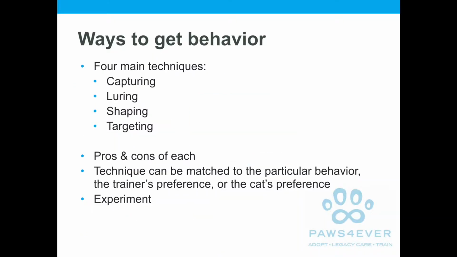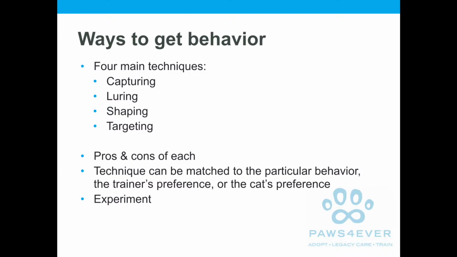Ways to get behavior. In order for you to reward the behaviors you want, those behaviors have to happen first. When thinking about how to get the behavior you're looking for, there are 4 main techniques that work well with cats. Each one has a different set of pros and cons, and they can be used individually or in combination with one another.